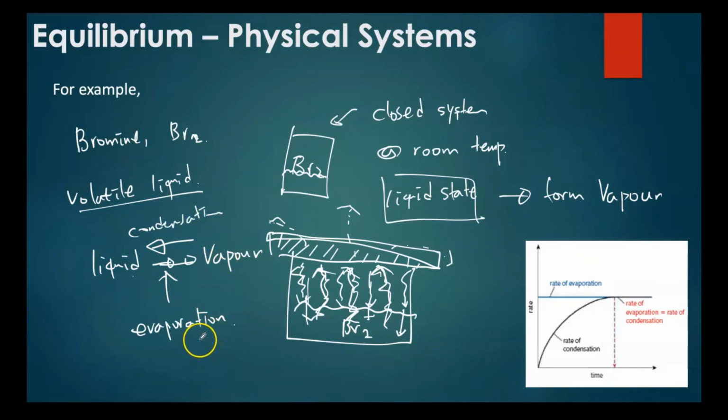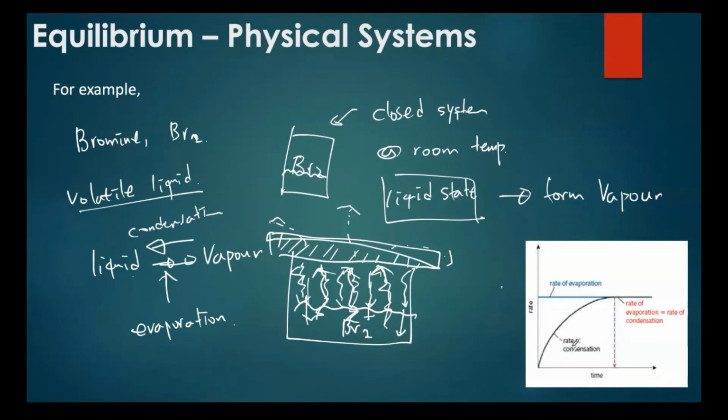So when condensation and evaporation happen at the same time in a closed system, eventually the speed of evaporation and the speed of condensation reach the same point, meaning they are equal.